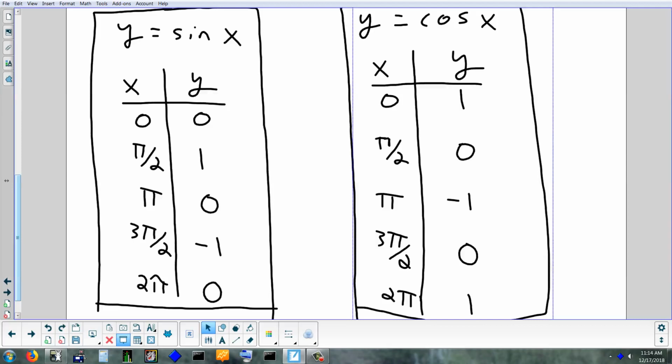Okay, so our goal when we graph is to figure out what happened to the points in this table. Like if we shifted them up, we'd have to make an adjustment to the y values. Or if we shifted it left or right, we'd make an adjustment to the x values. For today and tomorrow, we're only going to do one thing at a time.